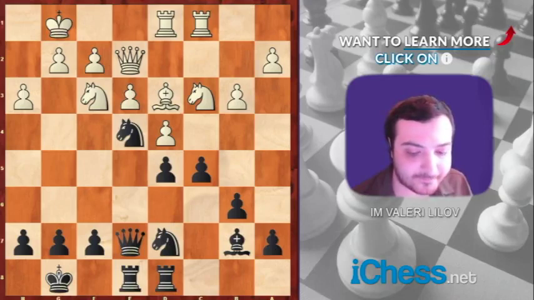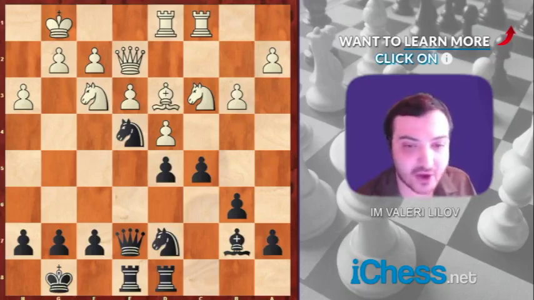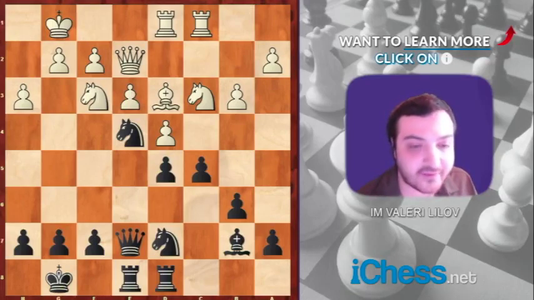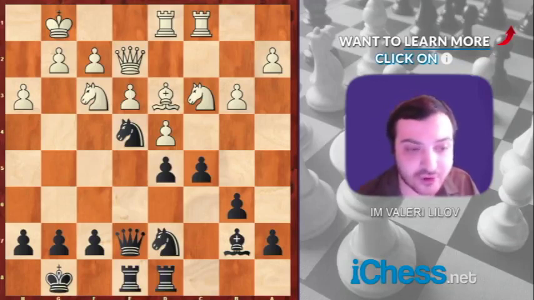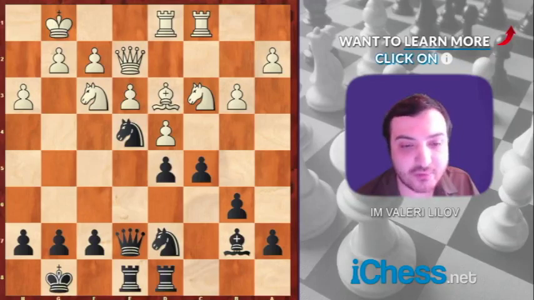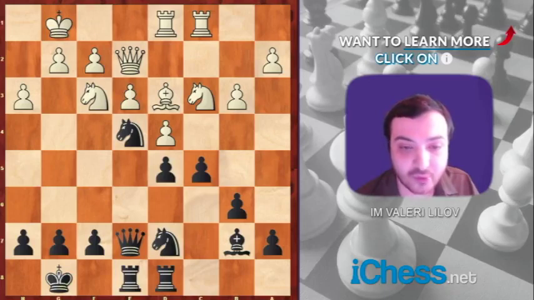But let's talk about this type of position. Planning often goes with a few steps that you need to take on if you're ever going to be successful. The first very important step is to decide, what do you want in a given position? Or not so much what do you want, but what you need. See, in some positions you may need to defend. In others you may need to improve.